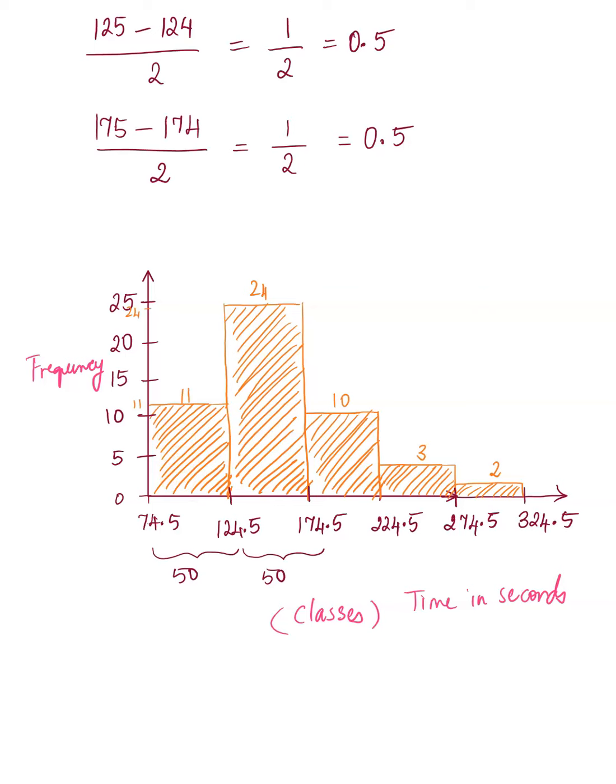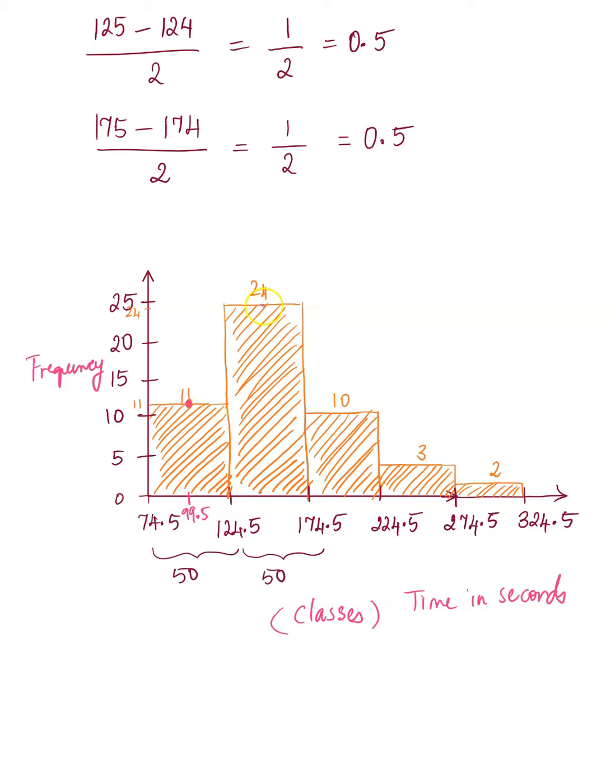So for the first class, it is 124.5 plus the 74.5, and then divided by 2. Right? So that will be 99.5. So that's somewhere here, right? 99.5. So that will be the midpoint here.